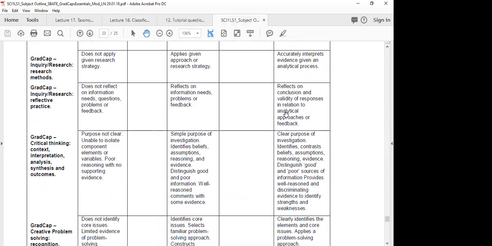In other words, you can reflect on any part of that prac that you like. You could reflect on how valid your results are. You could reflect on the information that was provided in regards to that prac, or you can reflect on any additional questions that you may have been left with at the end of the prac. So this is just a personal reflection. And as I said, you only need to write a very brief paragraph for that part of the prac report.